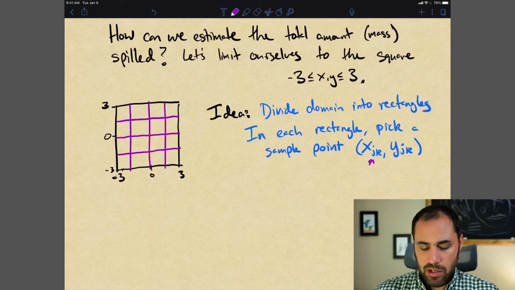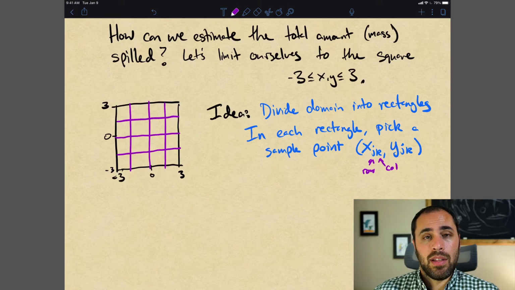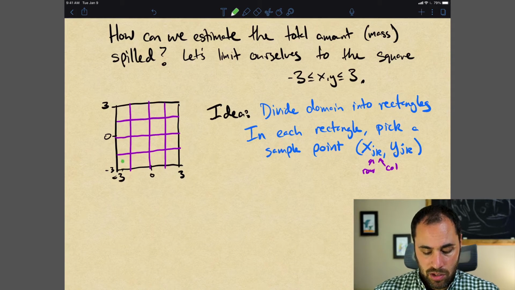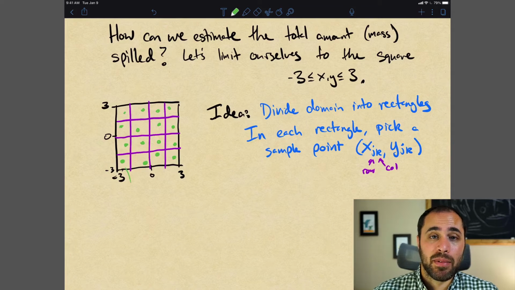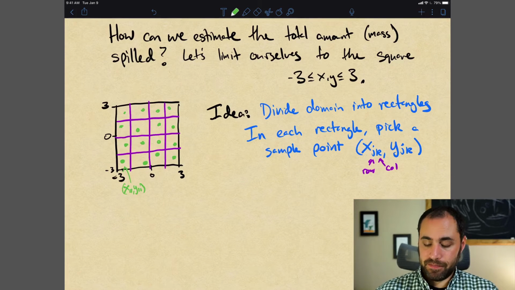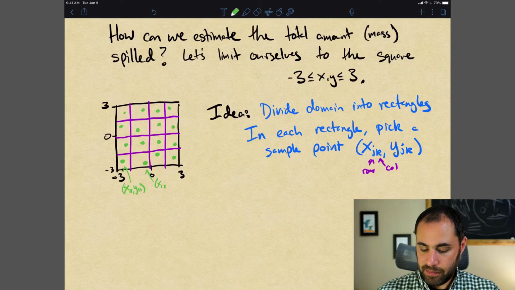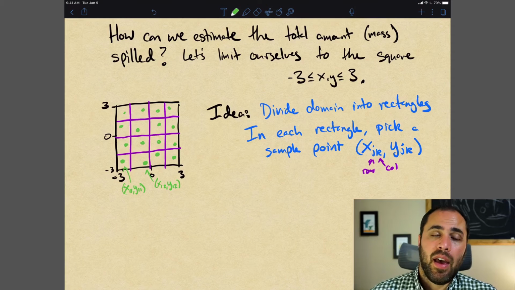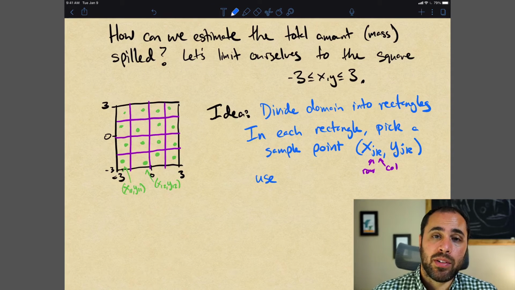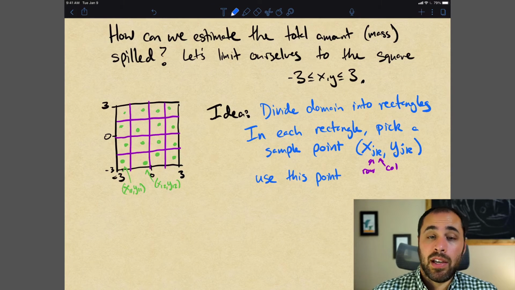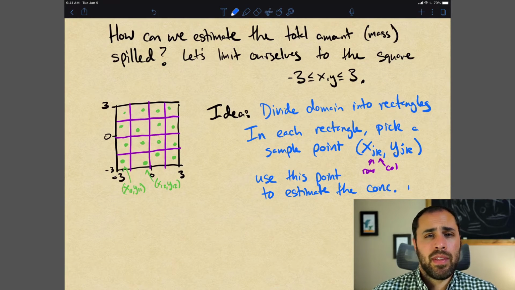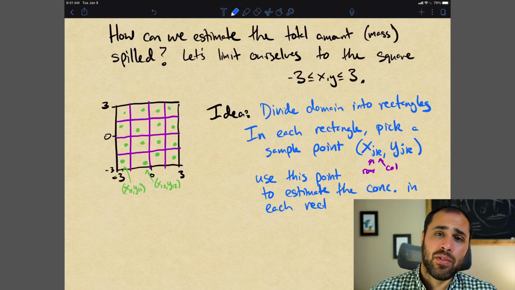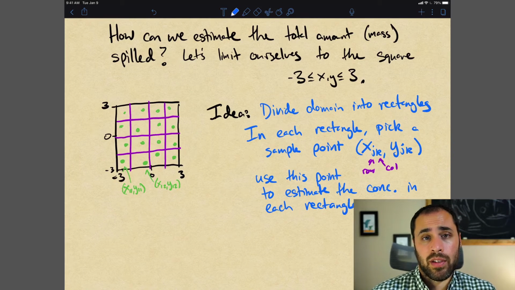Here I'll use jk to be the box in the jth, sorry, the jth row and the kth column, measuring from the bottom left. And then at each of those sample points, we could take a concentration and assume that that's a constant concentration for that whole square or that rectangle.